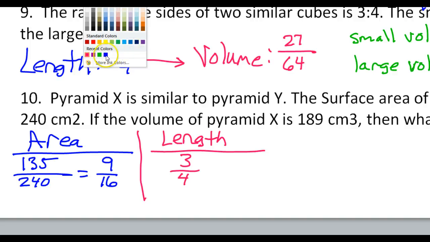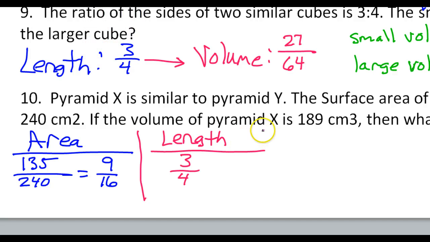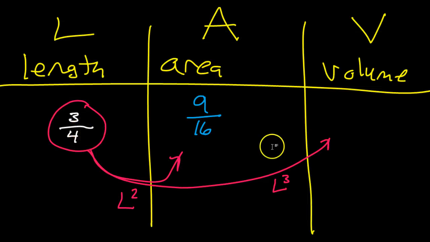Now, how about the volume scale factor? Once we have the length scale factor, to get the volume you cube it.